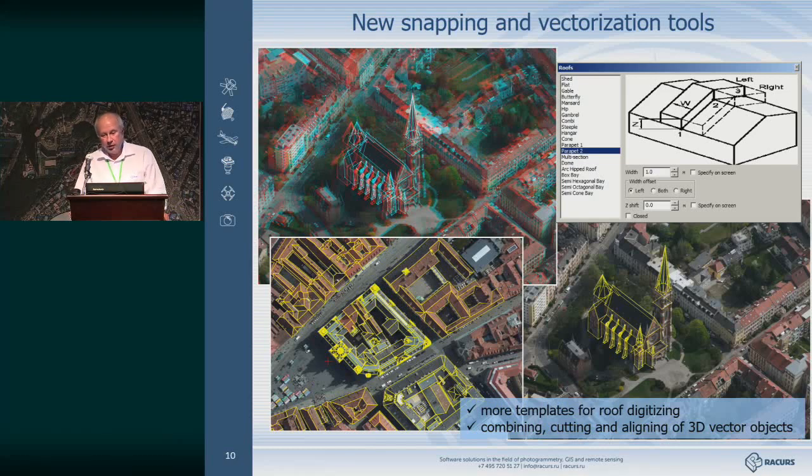We will tell you more about vectorization in the course of the master class the day after tomorrow. New templates for roof vectorization, new types of snapping, and so on.